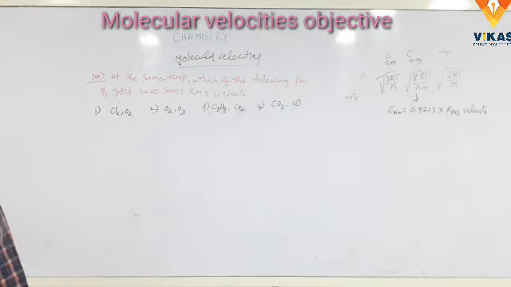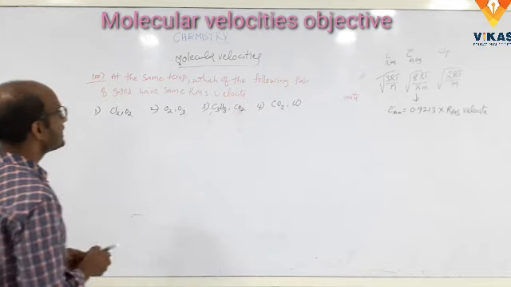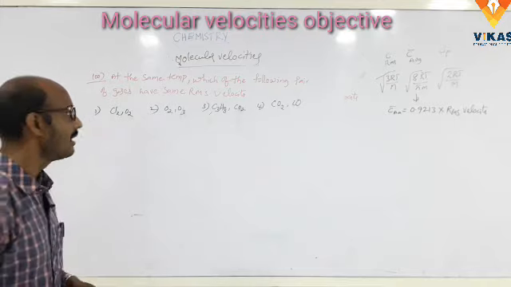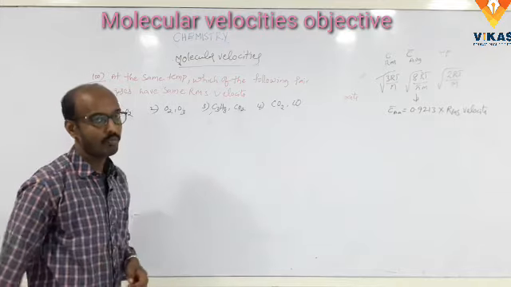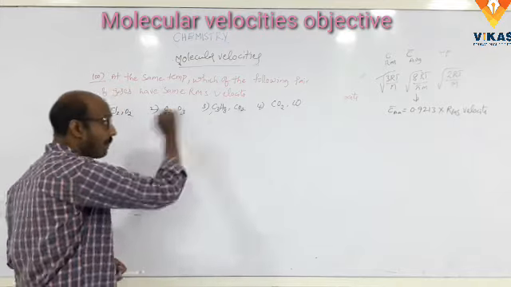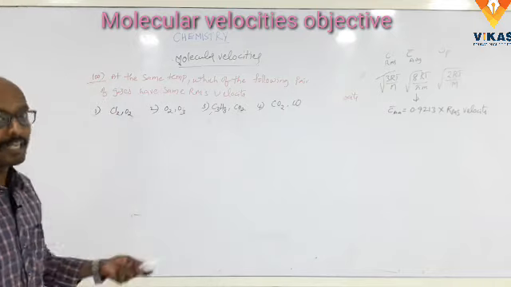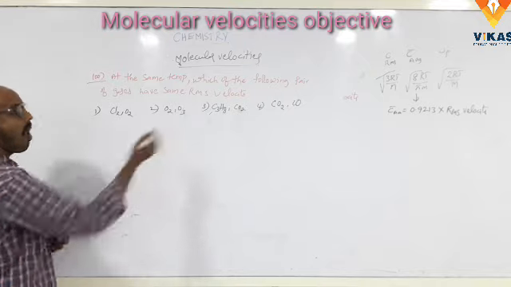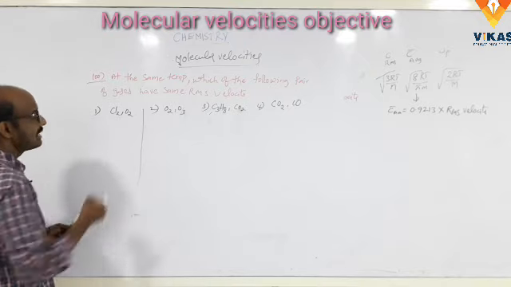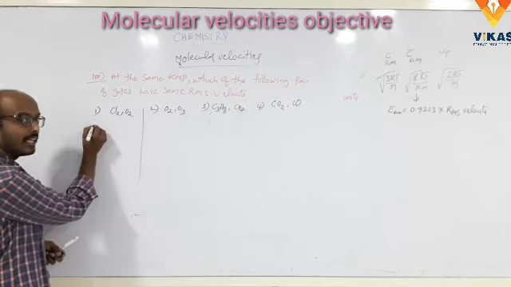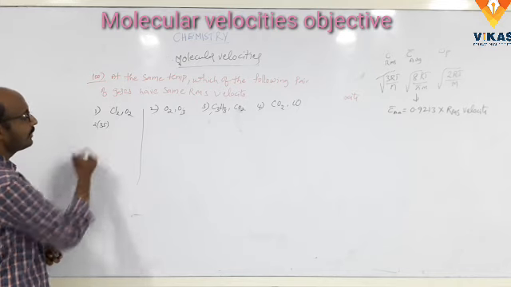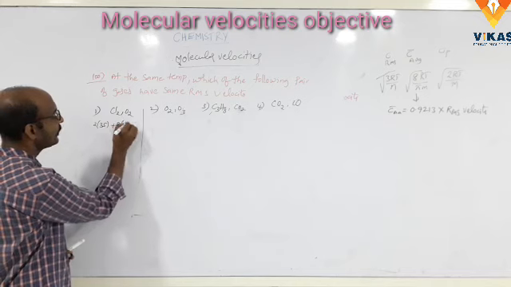Okay, look. At the same temperature, which of the following pair of the gases have the same RMS velocity? We are given 4 pairs of gases. Among them, which pair has the same RMS velocity? First, calculate the molecular mass of all the gases. First one, Cl2O2. Here chlorine has atomic number 17, atomic weight 35, 2 chlorines, 2 into 35, plus 2 oxygens, 2 into 16.